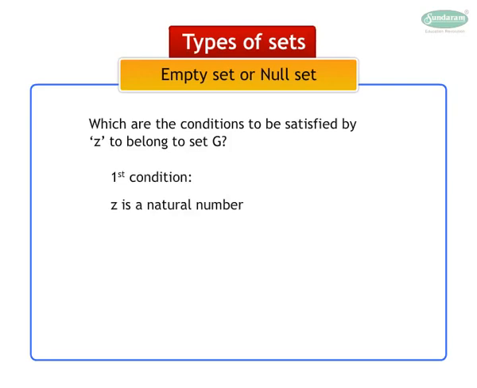The second condition is it is greater than 3 and less than 4. Now, students, surely there is no number which is natural and lies between 3 and 4. Hence, no element satisfies the conditions. We call it a null set and write set G is equal to null as in the previous example.